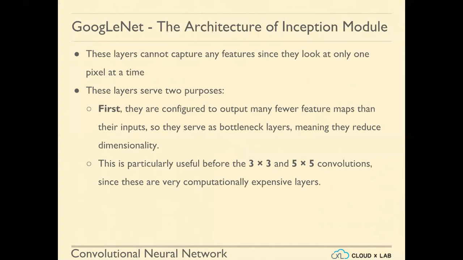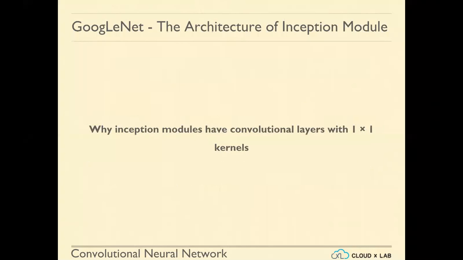These layers serve two purposes. One, they are configured to output many fewer feature maps than their inputs. So they serve as a bottleneck layer, meaning they reduce the dimensionality. This is particularly useful before 3 by 3 or 5 by 5 convolutions since they are very computationally expensive layers.